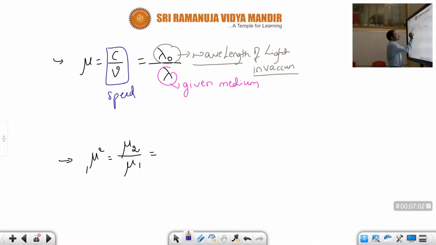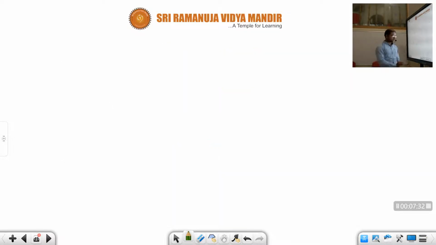See, children, mu is inversely proportional to speed. So here V1 by V2, which further is lambda 1 by lambda 2. So whenever the wavelength is changing, what will change, children? Refractive index. Okay, so once check this one, children.